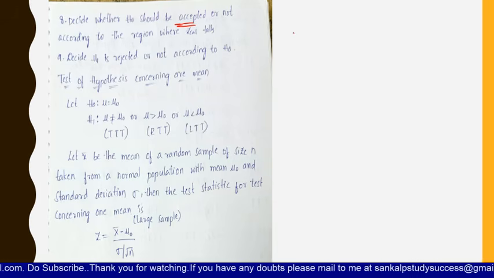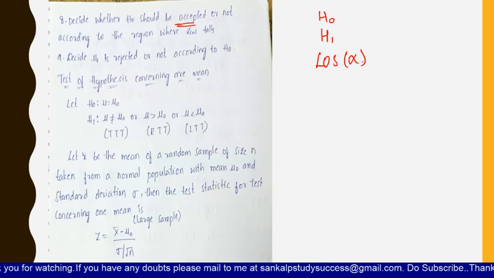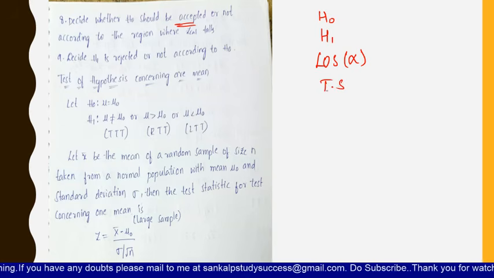So what are the steps which we are going to do? First we specify the null hypothesis, then the alternate hypothesis, then the level of significance, which is alpha already given in the question, then we calculate the appropriate test statistic.